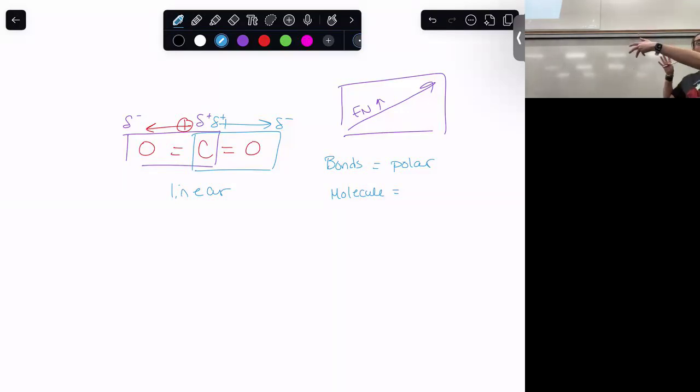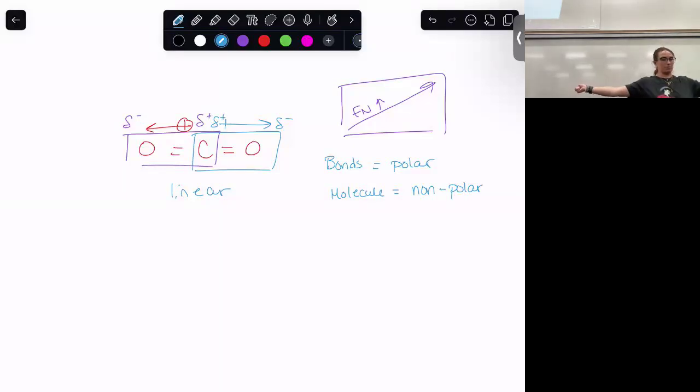You have two teams of oxygens on both sides and your flag is in the center. If you have equal strengths on both sides, both pulling outwards, is that center line going to move? No, right? So carbon doesn't move. They cancel each other out. So this is going to be an overall nonpolar molecule.